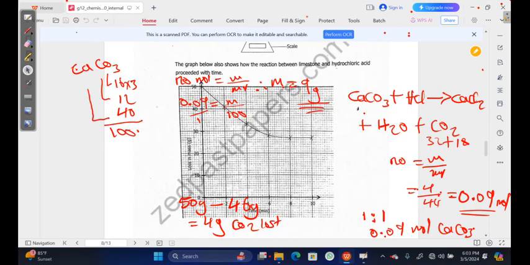So our graph, if we had a powdered limestone, it would have been a faster one, because the speed of a chemical reaction is influenced by the particle size. So when the sizes are so small, it means the reaction also occurs faster. So you expect a reaction to complete very fast.